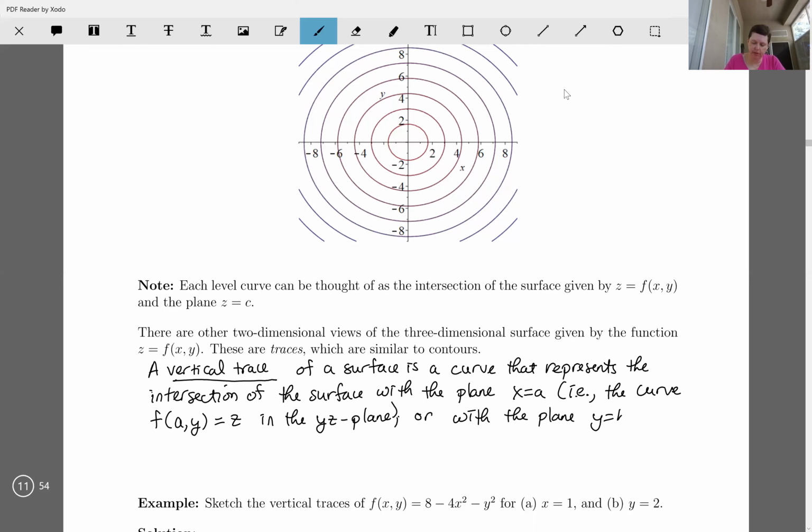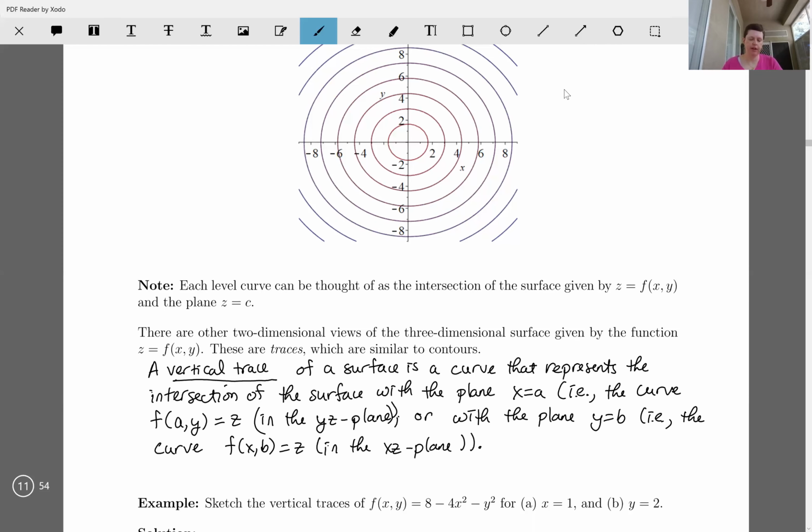So in other words, in that case, we have the curves, actually, because there are infinitely many. But anyway, the curve f of x comma b is equal to z, and that one's going to be in the xz plane. And so that's the idea.